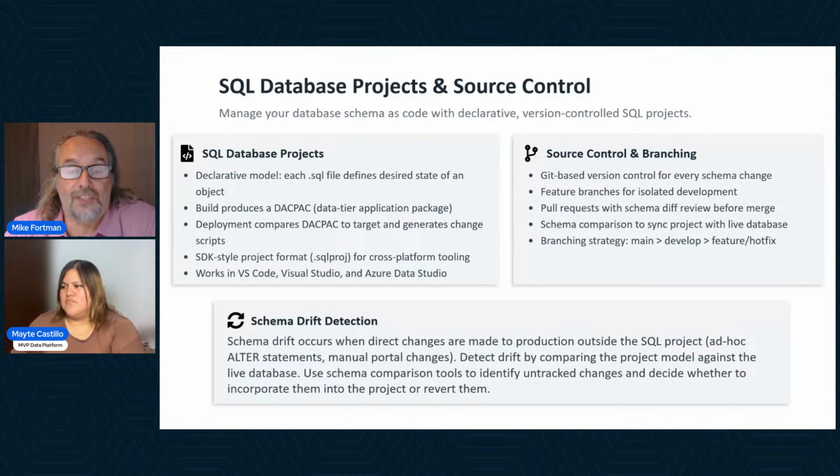The schema drift detection feature lets you say, before you deploy, not only do you want to make sure you got the two new columns and the index that you added as part of your development, but you also want to make sure that nothing that happened in production gets overwritten.